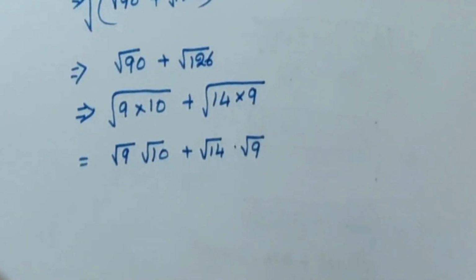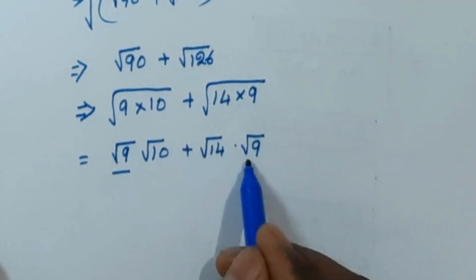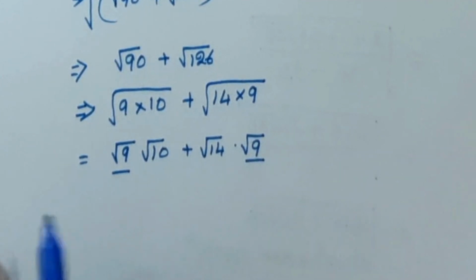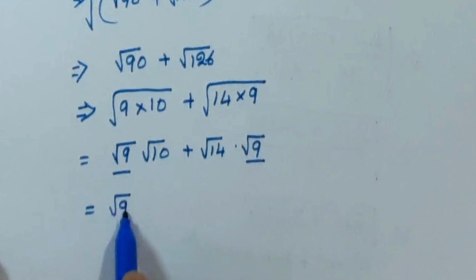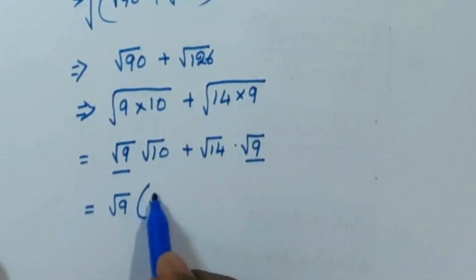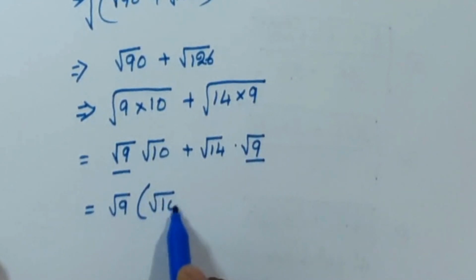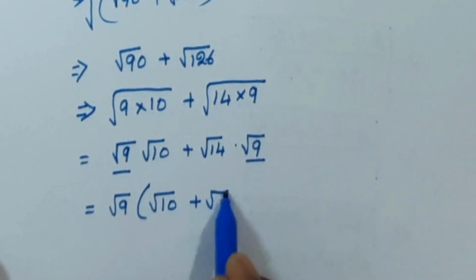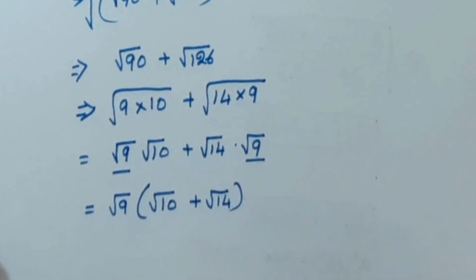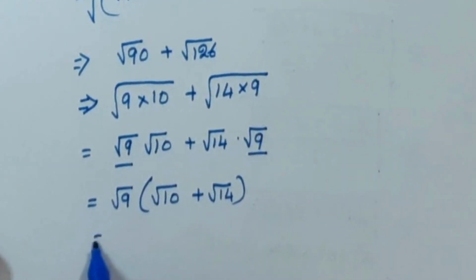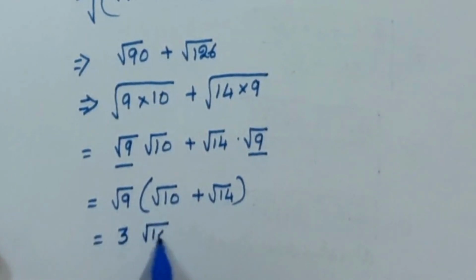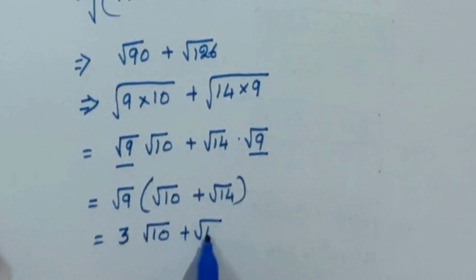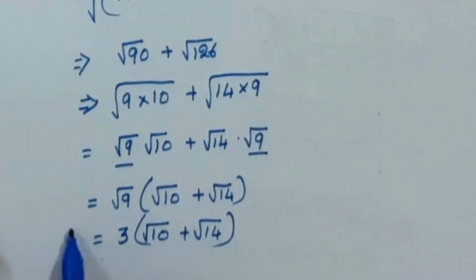Now we have square root of 9 common. When we take that common out, square root of 9 open bracket square root of 10 plus square root of 14. This square root of 9 is 3, so the answer is 3 times (square root of 10 plus square root of 14). This is the solution.